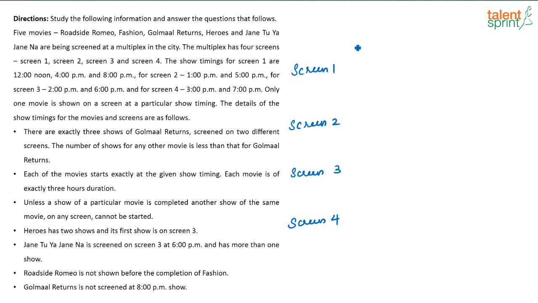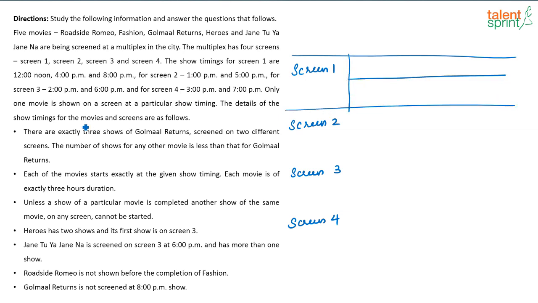So when are the shows happening in screen 1? If you look at screen 1, there are 3 shows. There is 12 noon, that means 12 to 3. 3 hours is each show timing, correct? 12 to 3, then 4 to 7 and then 8 to 11.